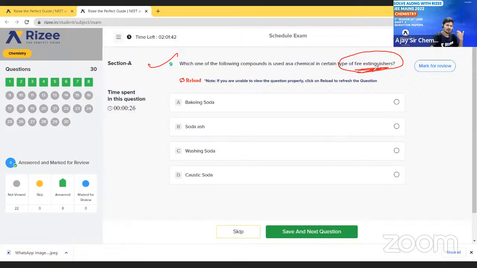Baking soda, or soda ash, or washing soda, or caustic soda. Shall I give one hint? Vijayeshwar, shall I give one hint? Very good, but please think once again. Tejaswini, think once again.